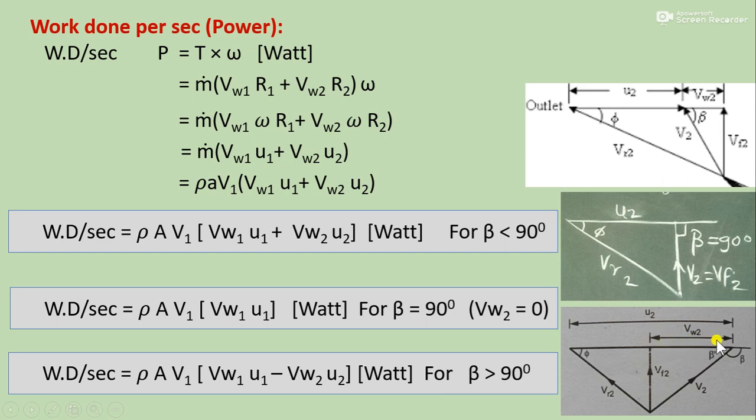Now it is in the direction of the jet, whereas in the case of less than 90 degrees it was opposite to the direction of the jet. That's why the sign in this formula is minus. So the work done per second is equal to rho a V1 [Vw1 u1 minus Vw2 u2] in watt.